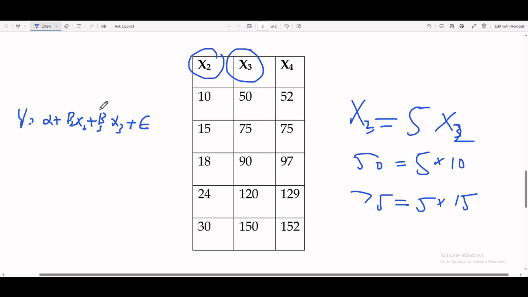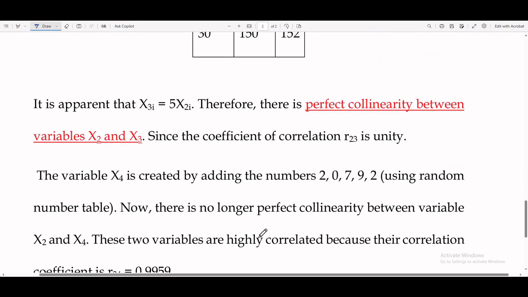So in this model x2 and x3 are independent variables, and first we look at their relationship. x3 is equal to 5x2. When you multiply every element of x2 by 5, you get x3: 18 multiplied by 5 is 90, 24 multiplied by 5 is 120, 30 multiplied by 5 is 150. So there is a relationship, x3 is equal to 5x2. This is the example of perfect collinearity or multicollinearity between x2 and x3.